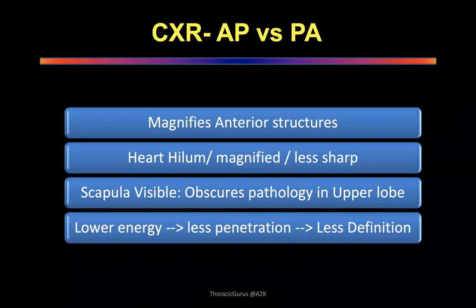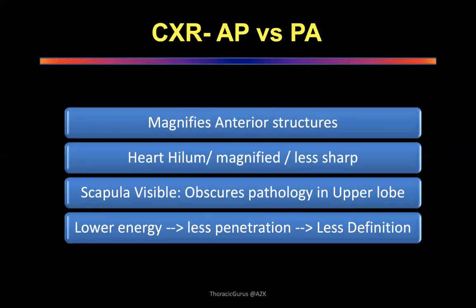Okay. And also it's a low energy image because you're closer to the chest. You cannot go that far away with an AP. So the penetration of the rays is less. Hence the definition of that image is less. So it's very important to understand that AP is not the ideal chest X-ray.